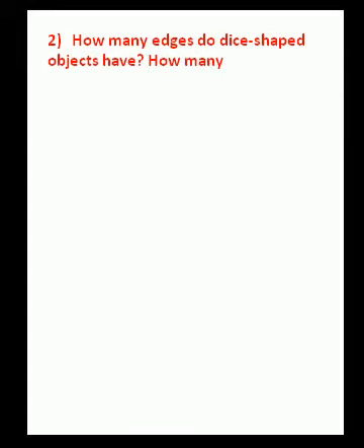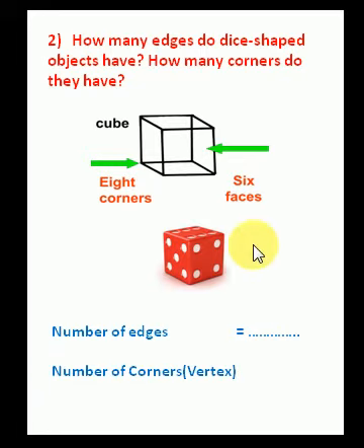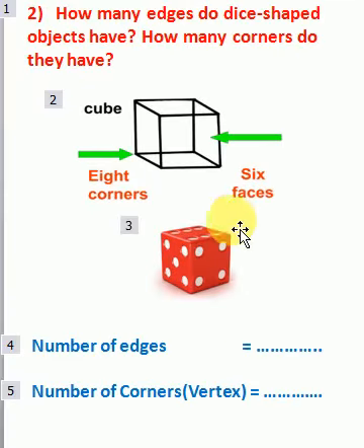How many edges does a dice shaped object have? How many corners does it have? A dice shaped object is a cube shape. Number of edges is the same, 12. 1 2 3 4 5 6 7 8 9 10 11 12.